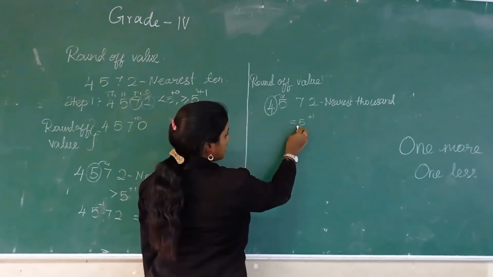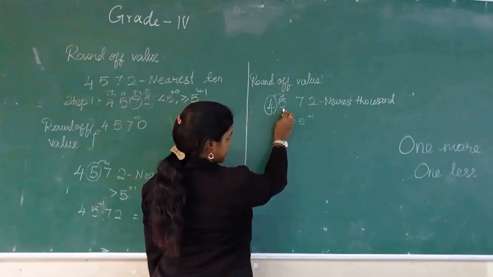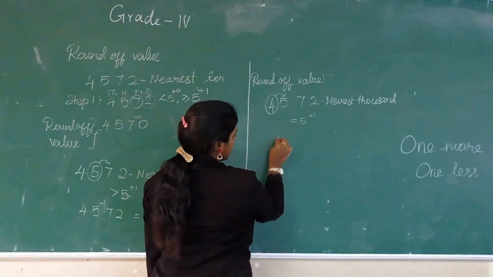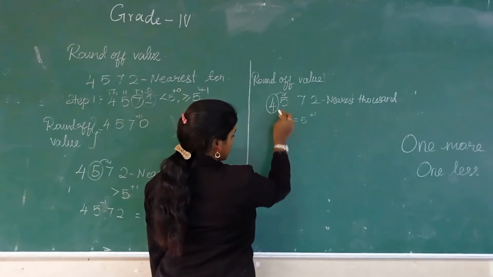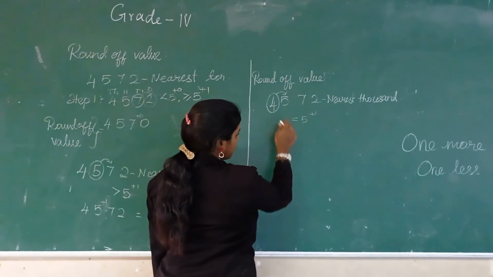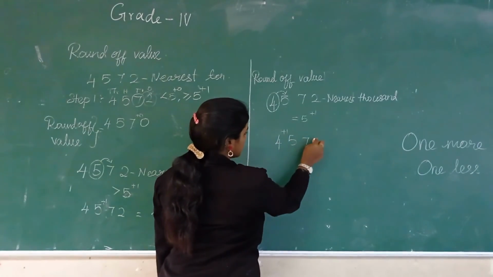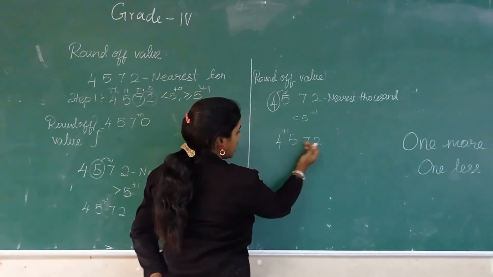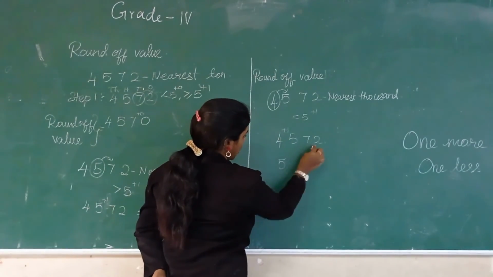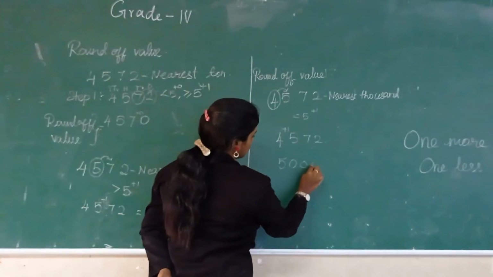So here the number is 5. The nearest digit is 5. So I have to add 1 along with that number. If I add 1 to the 1000 place, after adding that, I have to make all other digits 0. 4 plus 1 is 5. All other digits should be 0.